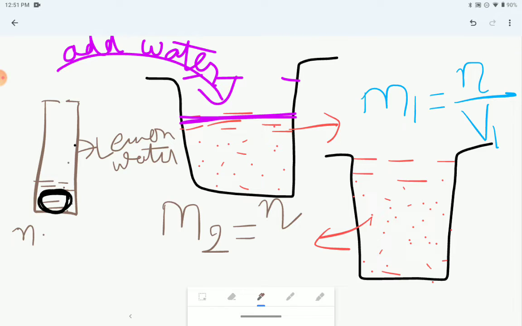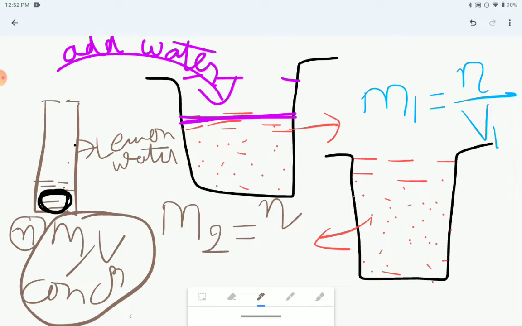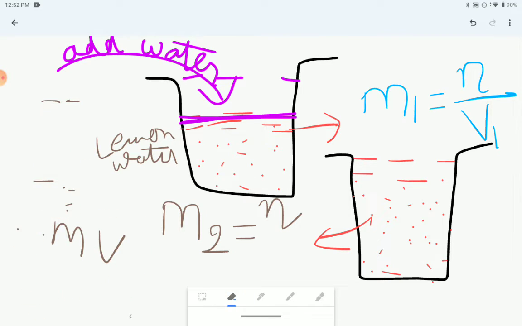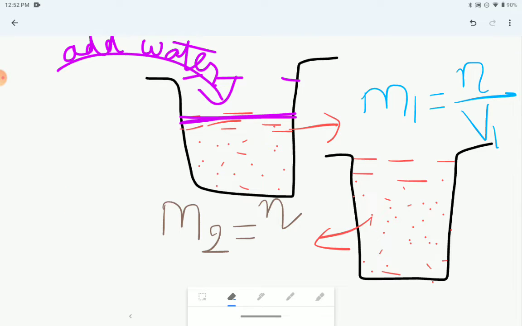They will not change at all, because when we pour out or when we add some water, the only things that change are mass and volume, right? Which means concentration. Only these change. This will be constant. I hope everybody understands. Now let me recap this.